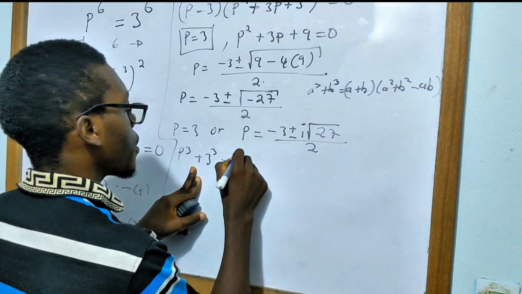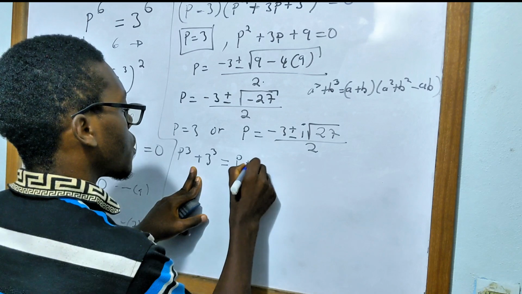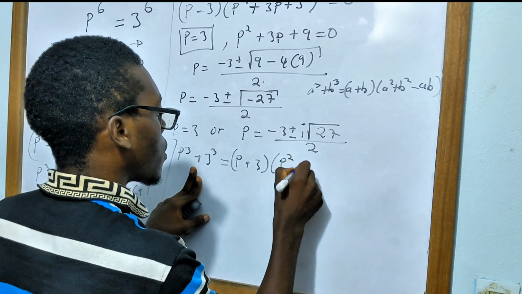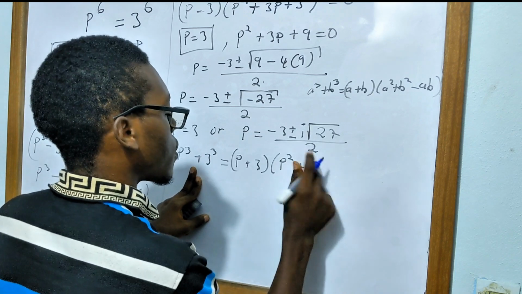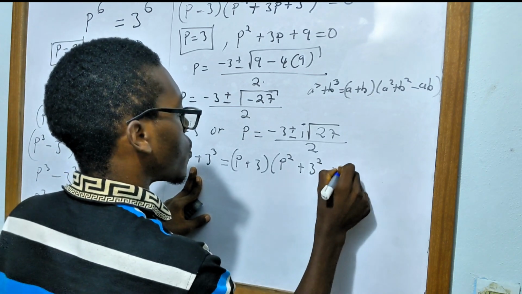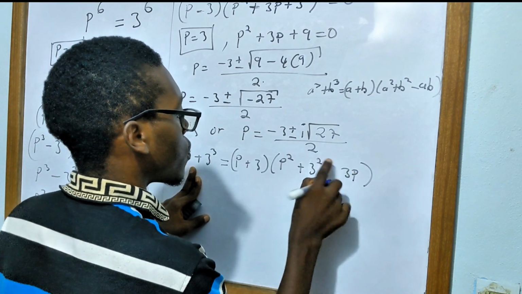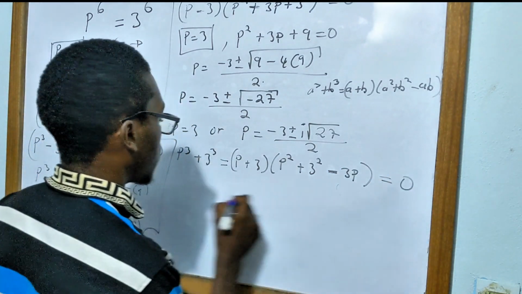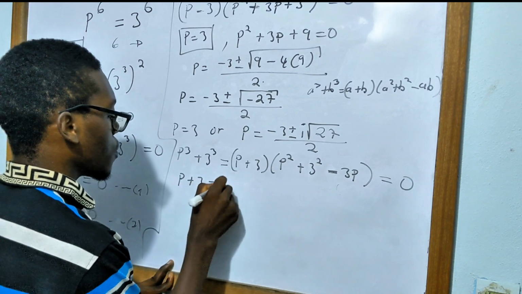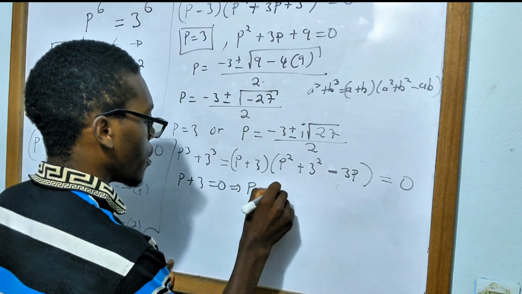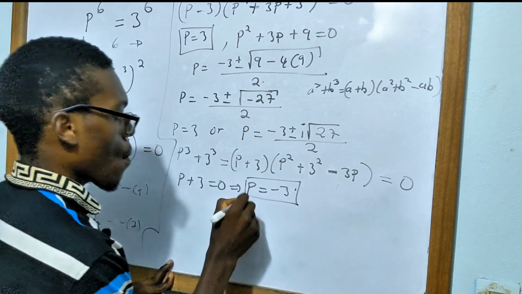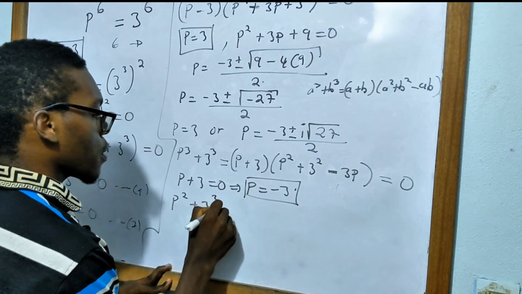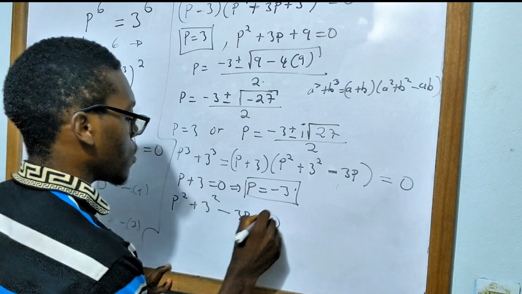Hence, we are going to have (p plus 3) times (p squared plus 3 squared minus 3p), equals 0. p plus 3 equals 0 implies p is minus 3. We proceed. We have p squared plus 3 squared minus 3p equals 0.